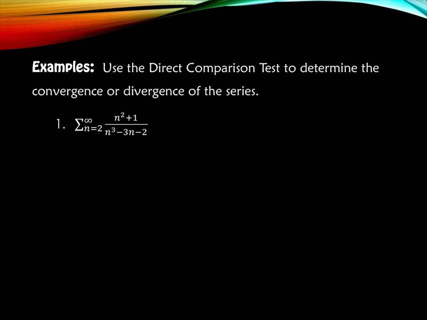Well, you usually look at the dominant pieces, right? So the dominant pieces here are these pieces, agreed? They are going to eventually overpower everything else that's in the numerator and the denominator respectively. You good with that? Okay, so basically, this is approximately n squared over n cubed. And what is n squared over n cubed? 1 over n. This is approximately 1 over n.